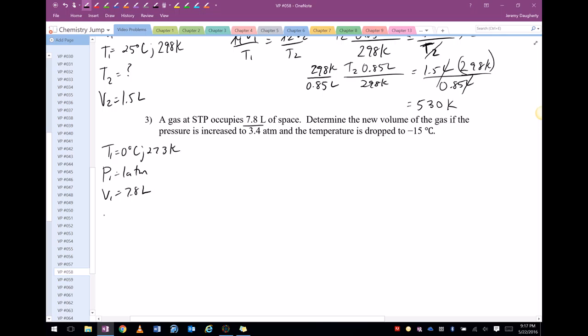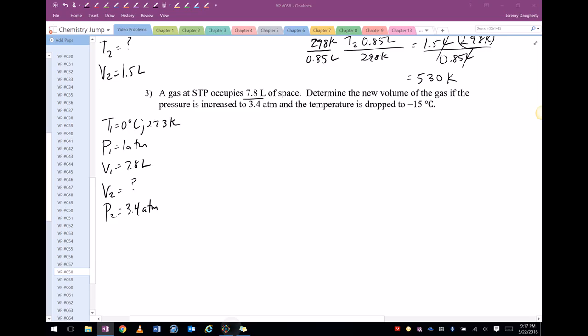Determine the new volume, V2, of the gas if the pressure is increased, so P2 is 3.4 atmospheres, and the temperature is dropped to negative 15 degrees Celsius. So what is that? That's 273 minus 15, 258 Kelvin. So we've got P1 V1 over T1 is equal to P2 V2 over T2.